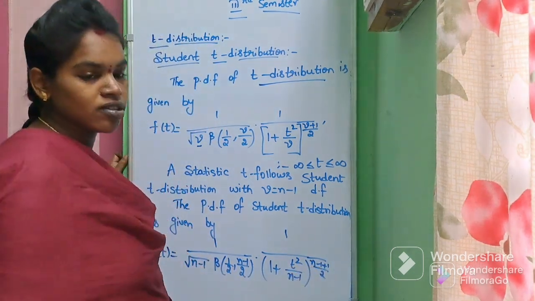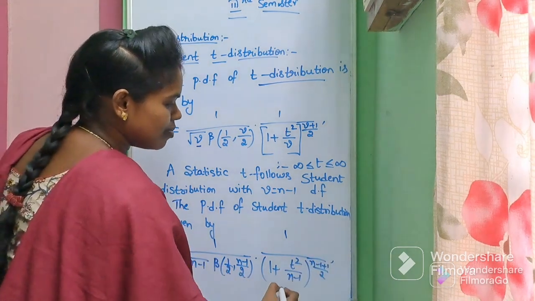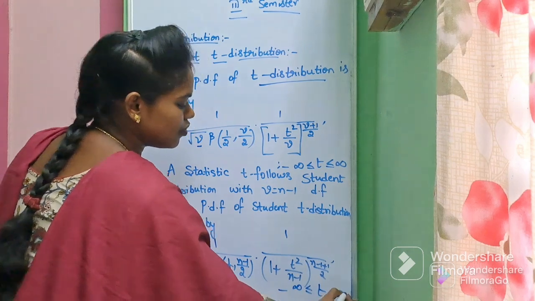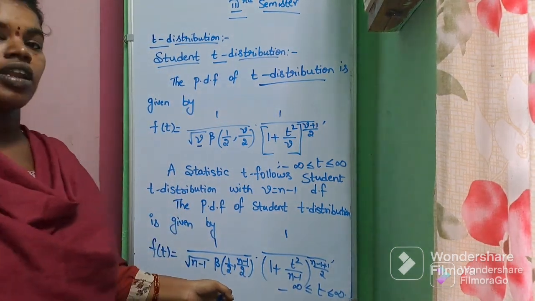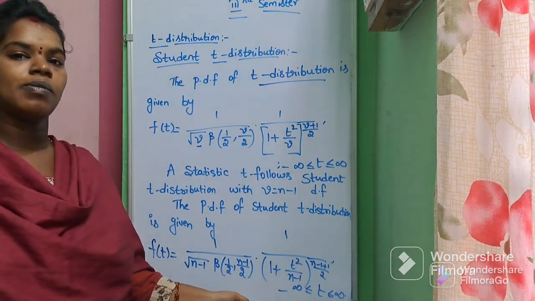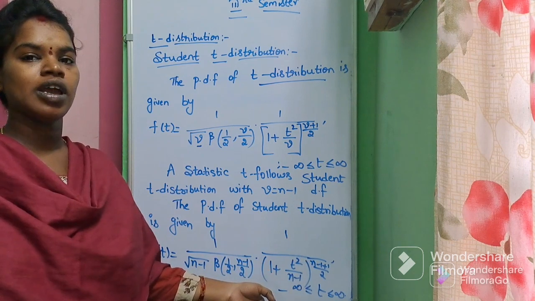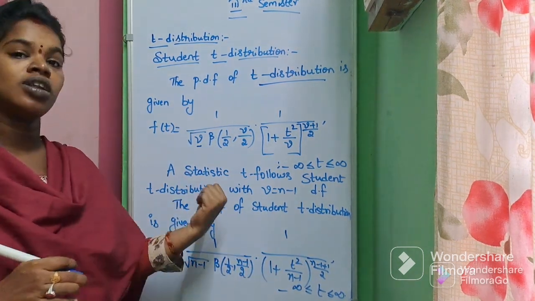Here negative 1 and positive 1 both get cancelled and the remaining is n by 2. Here also the limits are negative infinity less than or equal to t less than or equal to infinity. We can write one more step: 1 by root n minus 1 into beta of 1 by 2 comma n minus 1 by 2 into 1 by 1 plus t square by n minus 1 whole to the power n by 2. This is our student t distribution PDF.